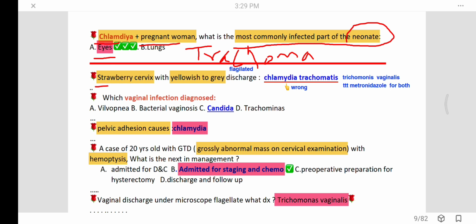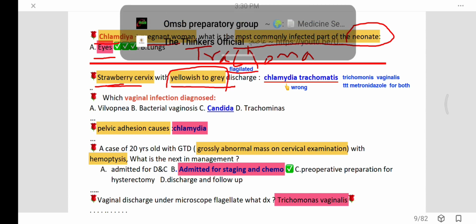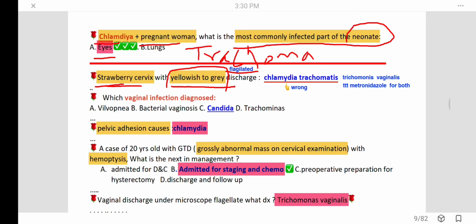So, strawberry cervix with yellow to gray discharge. Here there are two clues: strawberry cervix and yellow and gray discharge, and they also mention flagellated bacteria. Then it is not chlamydia. Then you would suspect Trichomonas vaginalis, and the treatment is metronidazole, or the other is Gardnerella.